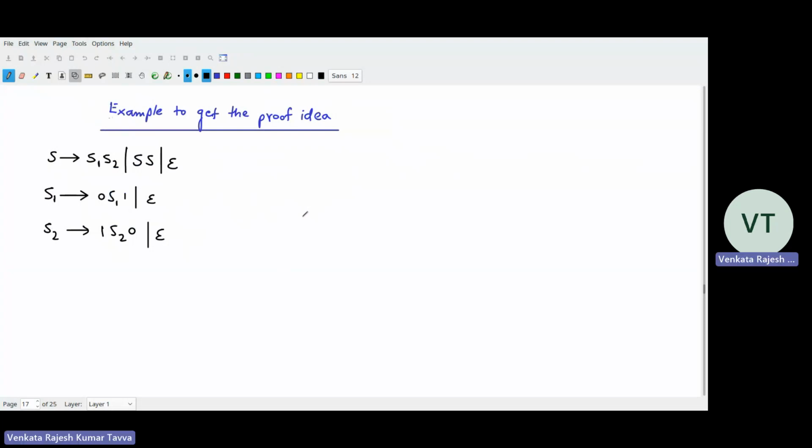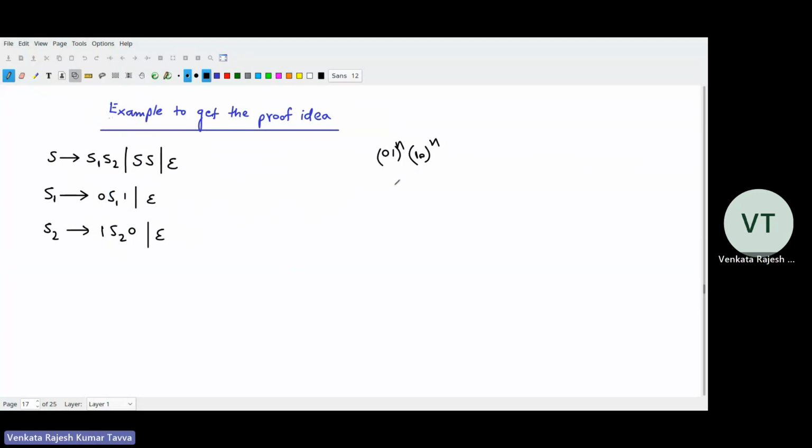Okay, yeah. Any other answers? What do you mean 0, 1 power n? 0, 1 power n or 0, 1 whole power n? Okay, 0, 1 whole power n, 1, 0 whole power n.